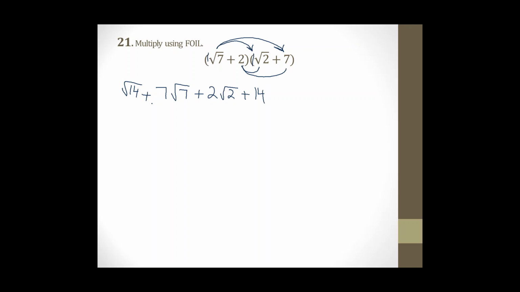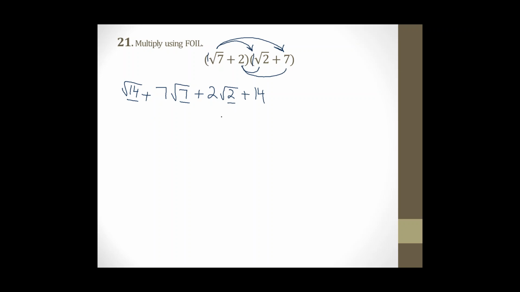Okay, so now we have to check if there's anything we can combine, and to be able to combine they need to be like terms, and they need to have the same index, which they do have. They're all index 2, even if you cannot see that, but they are square roots, and they need to have the same radicand, which is 14, 7, and 2. They don't, so they are not like terms.